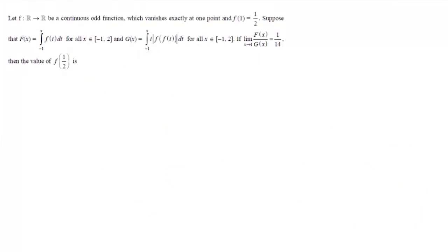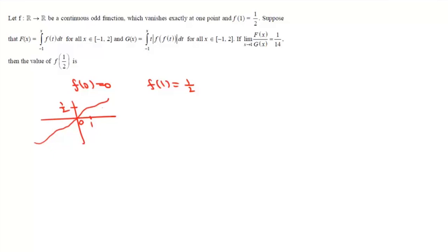Now here the question is, let f(x) be a continuous odd function which vanishes exactly at one point. Now it is a continuous odd function, and we know that for an odd function f(0) is 0 and f(1) equals 1/2. That means this function will be in the first and third quadrant with value at 0 being 0, and at 1 this value is 1/2.